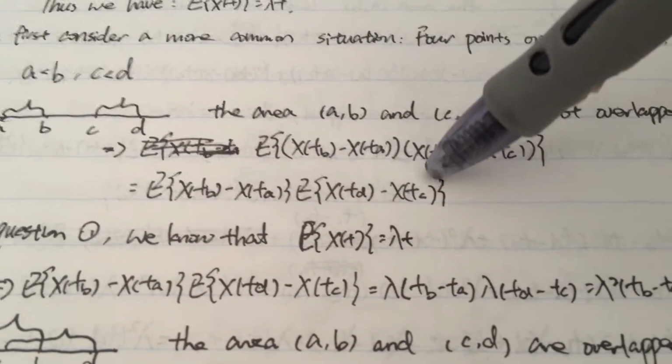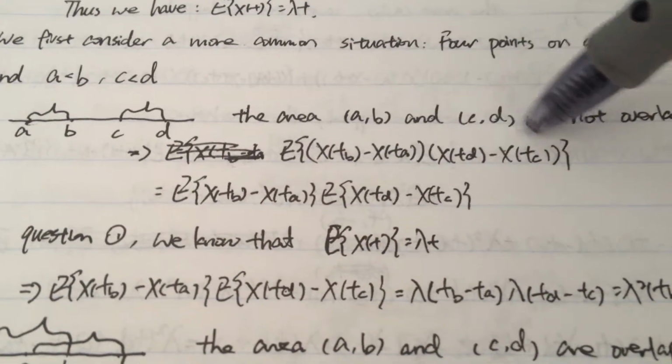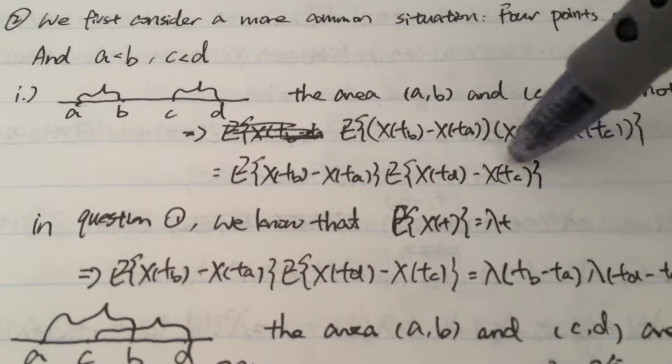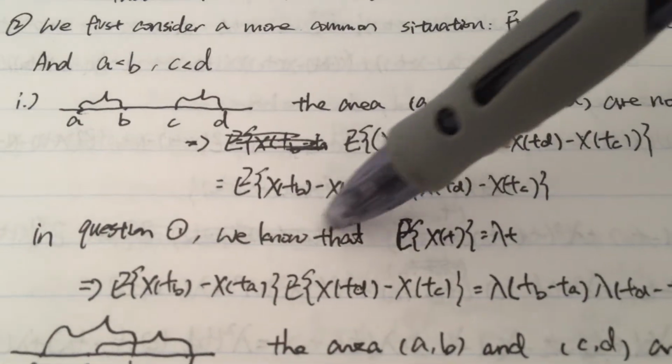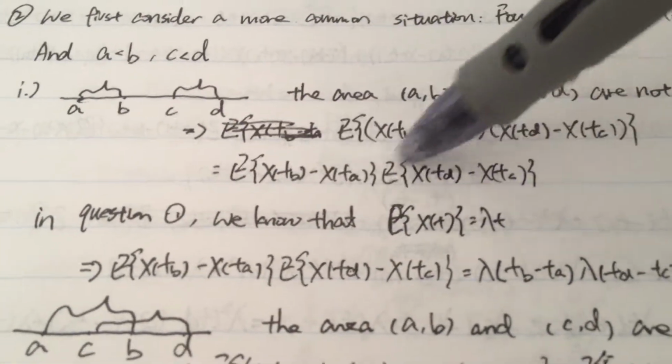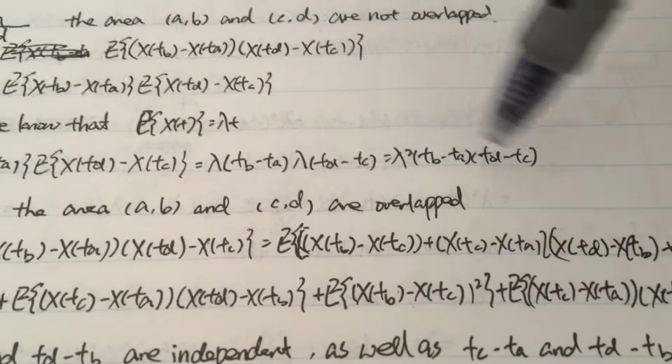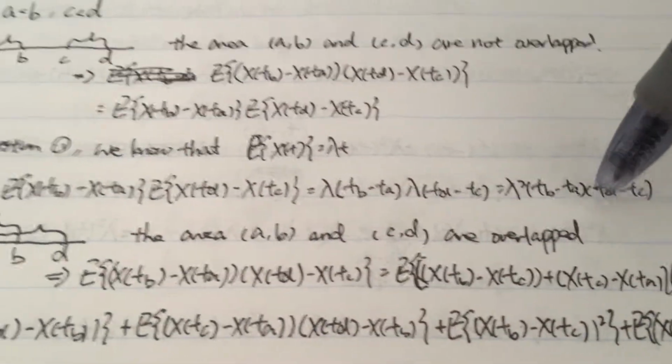So the autocorrelation of X equals the multiple of these two means, so that we can have the autocorrelation equals this part.